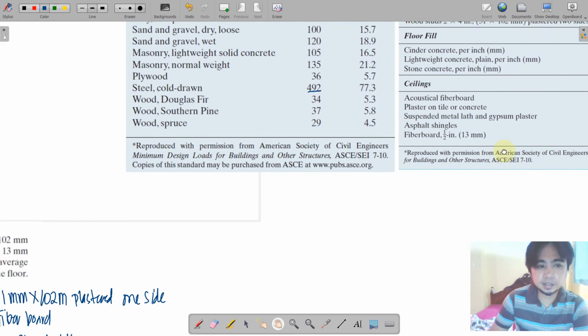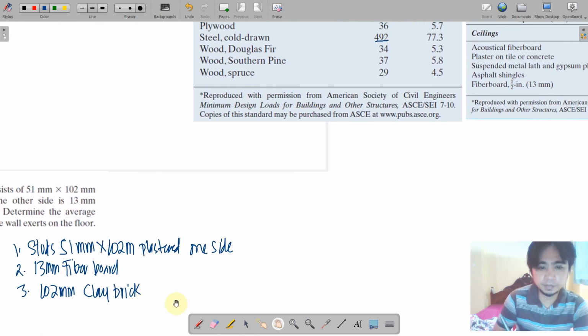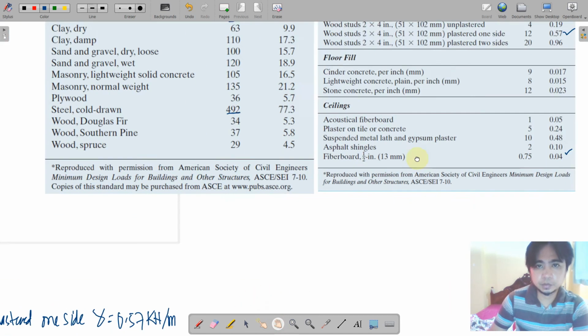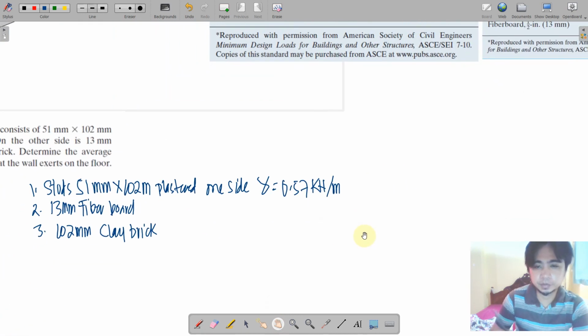So let us place those: 0.57 for the studs. This is kilopascal or kilonewton per square meter, so in terms of pressure.